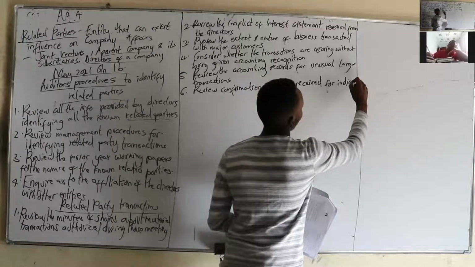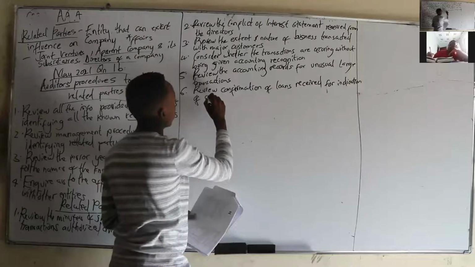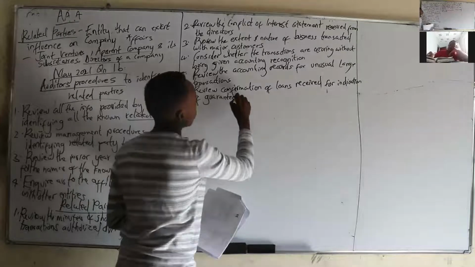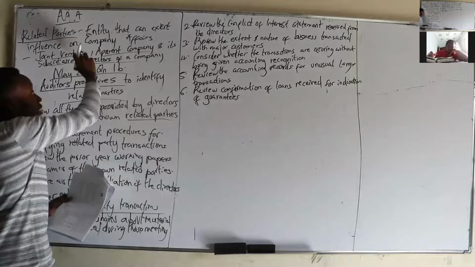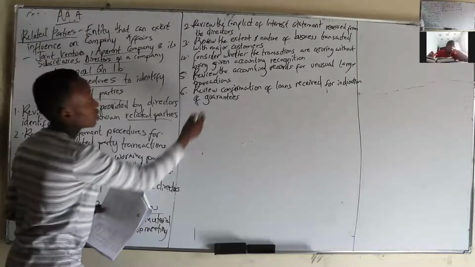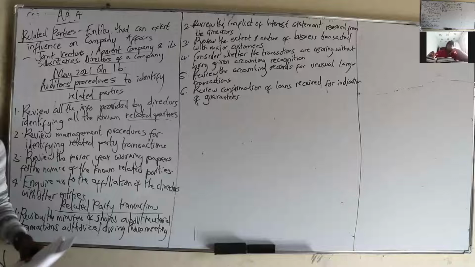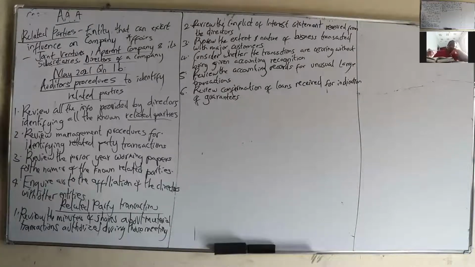For example, if the company director is the one who guaranteed such a loan that the company has undertaken. So those are some of the aspects I expected you to have in that related party transactions.